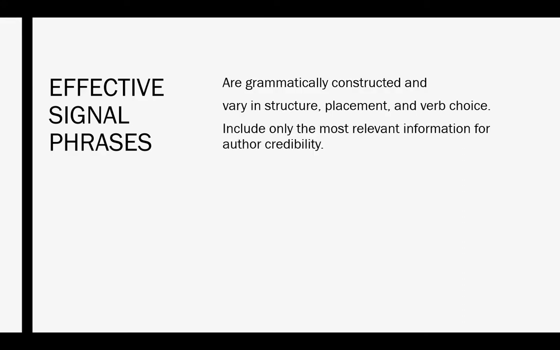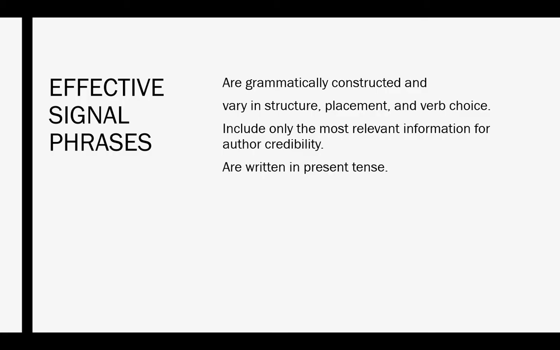An effective signal phrase also establishes the source's credibility and uses the most relevant information to do so. So, for example, describing the author's profession would probably provide credibility. Including the title of the article doesn't do a lot to establish credibility in most cases.